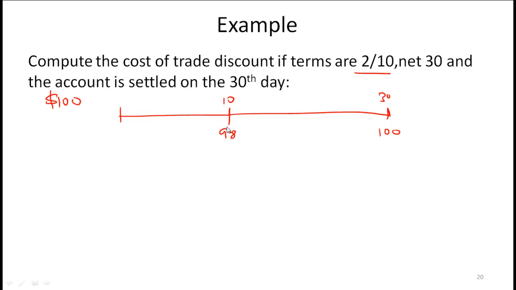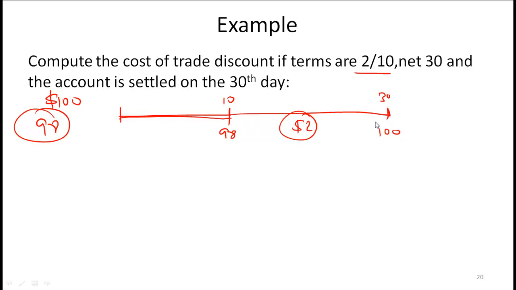So one way of looking at it is that the item you are buying really costs 98, because if you just pay for it in the first 10 days, you are only paying 98. If you are delayed, then you are paying additional interest of 2. Now if that $2 interest is being paid, what is the rate that you are paying?